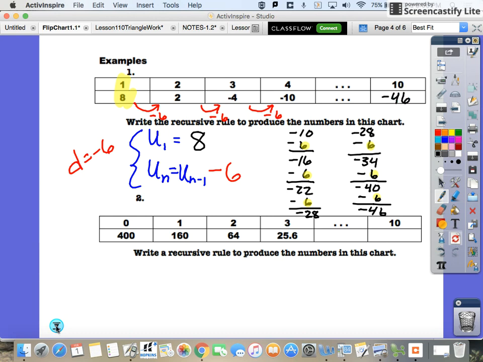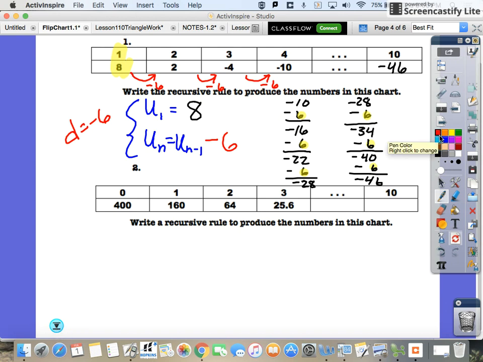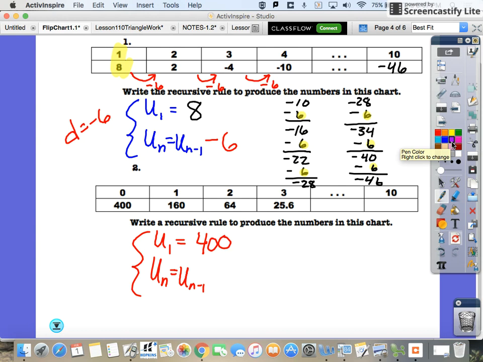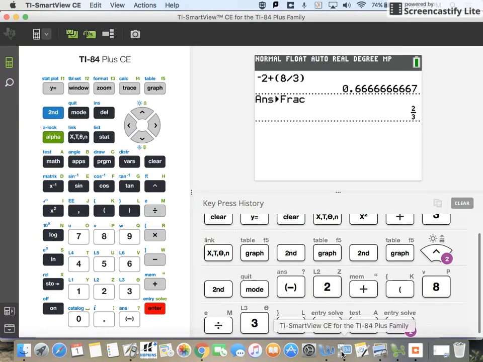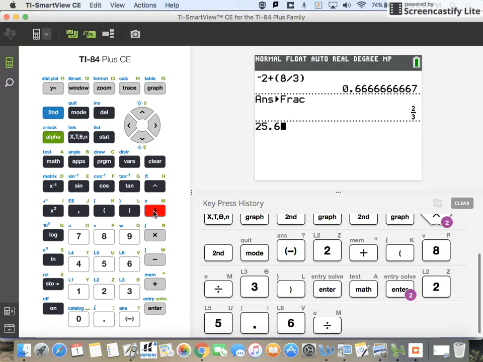Okay. Then the last example here says same thing, write our recursive rule. So u sub n equals u sub n minus 1. Our first term in this one is 400. And then the pattern, this one's a little less clear. So what I tell students and what I'd like you guys to do is if it isn't addition, because this is clearly like subtracting by a couple hundred, and this is not the same amount, then start dividing the last number in the list by the one before it. 25.6 divided by 64 equals 0.4.